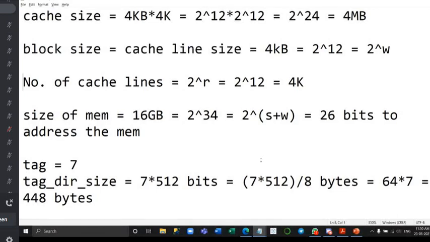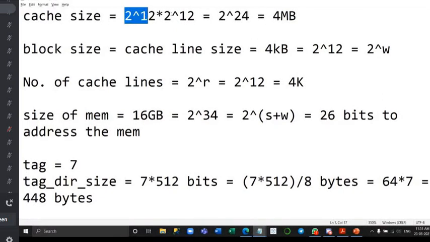I'll just remove this one, maybe this is causing confusion. So this first part, 2 to the power 12, is the number of lines in the cache. The second 2 to the power 12 is the size of the cache line. That is 2 to the power 24.